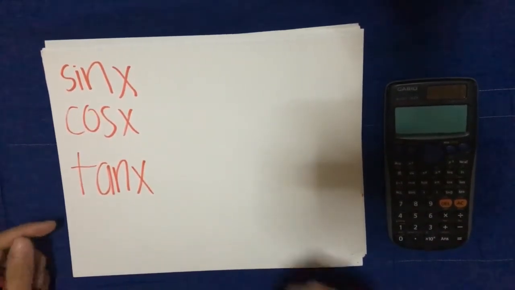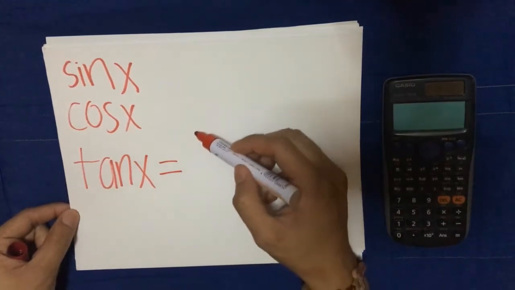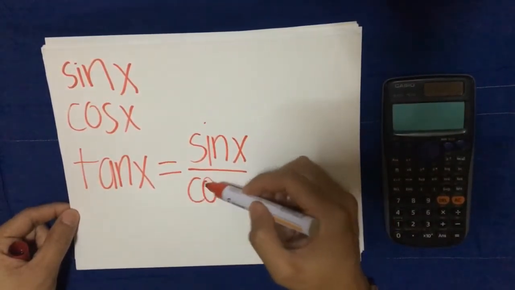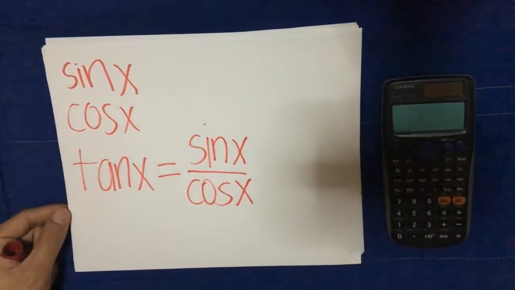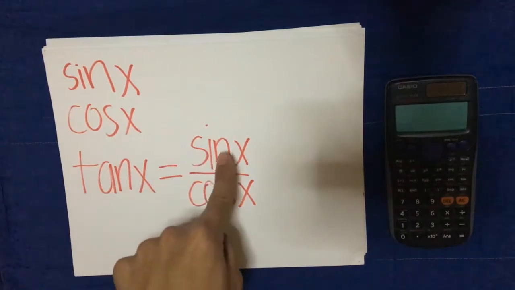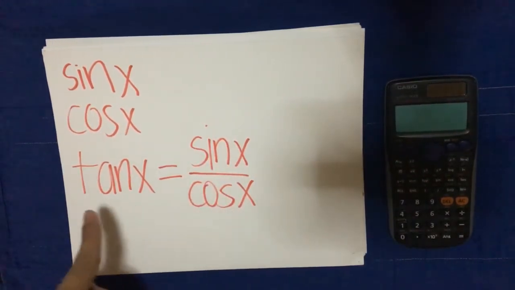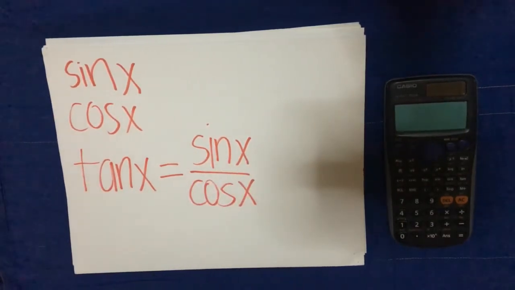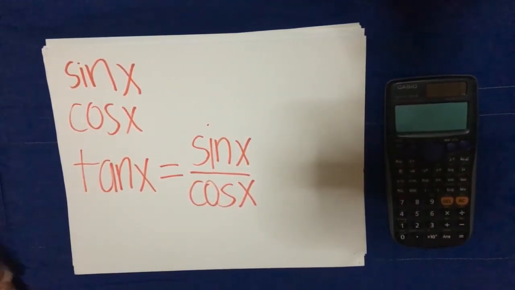Remember this one, tangent x is always equal to sine x over cosine x. Through this, I express tangent as a function of sine and cosine. That is for tangent x.